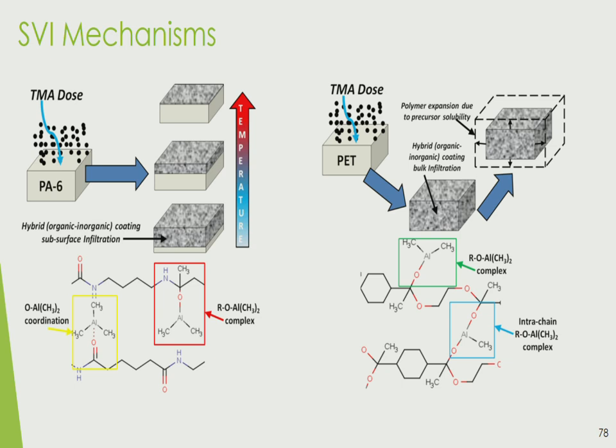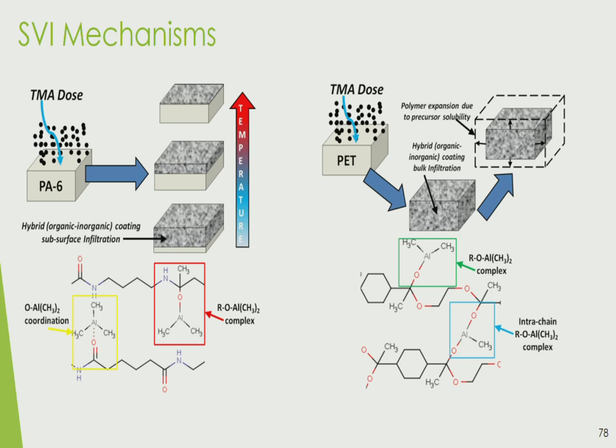Okay, so this tells us a little bit about some of the influences on what's happening here. With nylon 6, we do our TMA dose, and it self-terminates at the surface, and it limits the total amount of subsurface reaction as we go up in temperature. At lower temperatures we get more infiltration. At higher temperatures, because it's so reactive, we get closer to ALD growth.